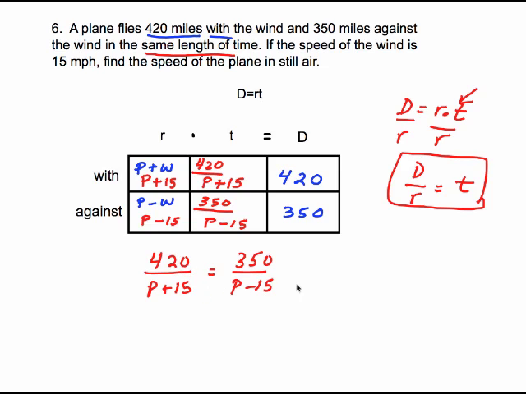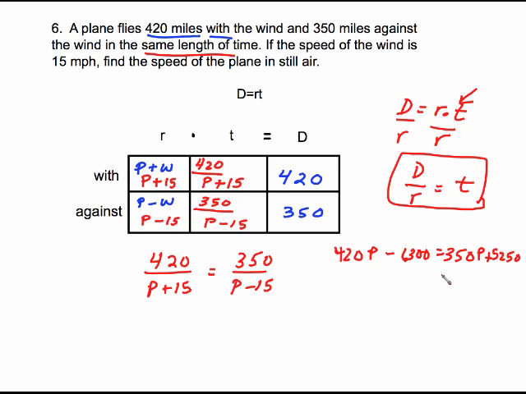I'm going to slide over here where I'm going to have a little more room, and this will be 420p minus 6,300 equals, cross multiply here, 350p plus 5250. And this is just our basic equation. We want to get our letters over here and our numbers over there.